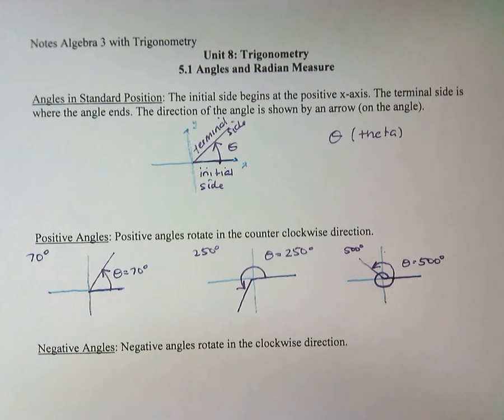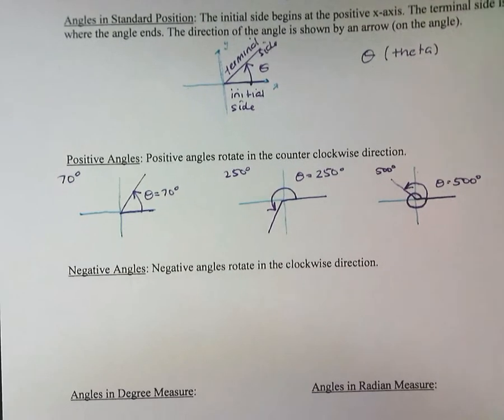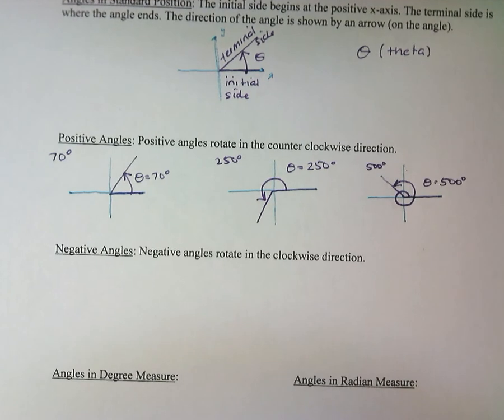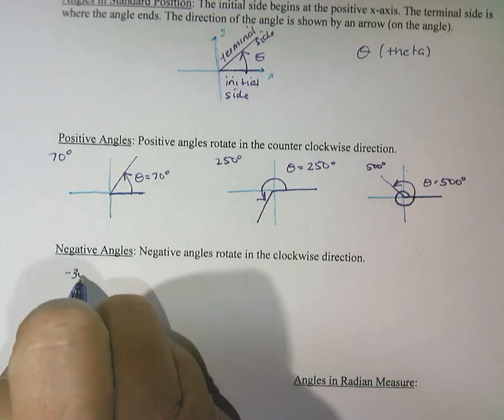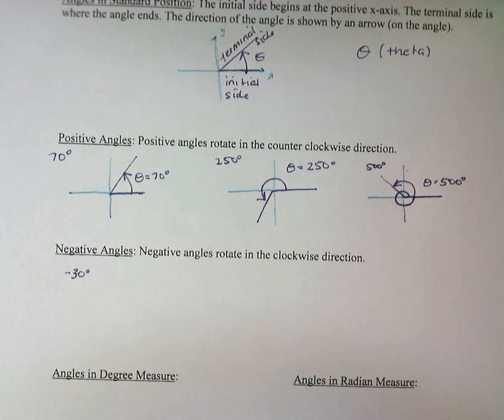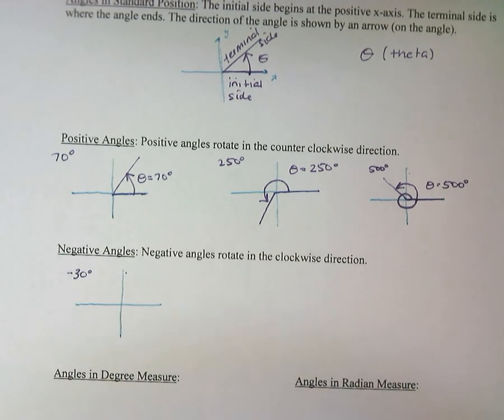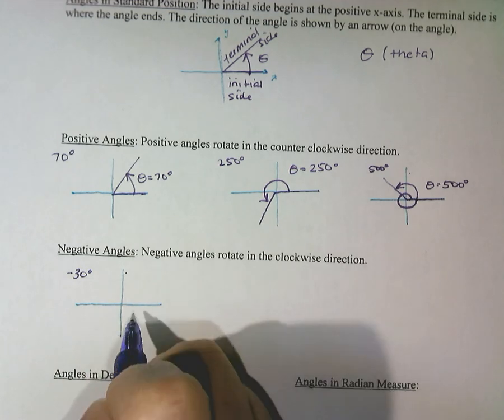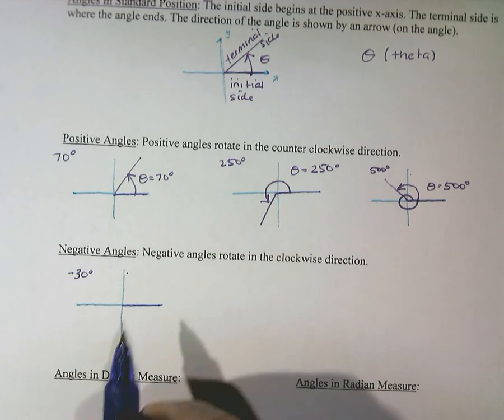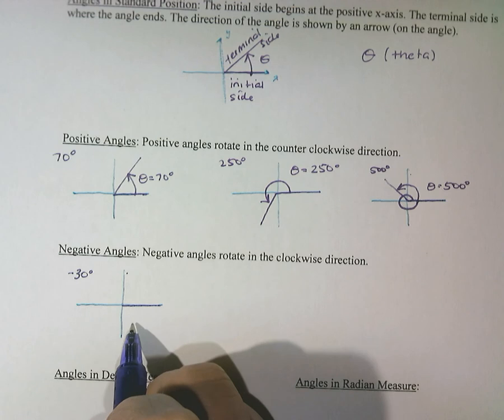Angles that rotate in a clockwise direction are referred to as negative angles. So positive and negative are just going to be a direction. If I wanted to do negative 30 degrees, I still have to start at the positive x-axis, and I now go in the clockwise direction.